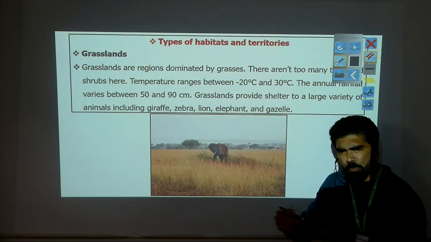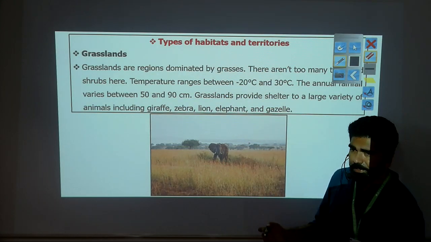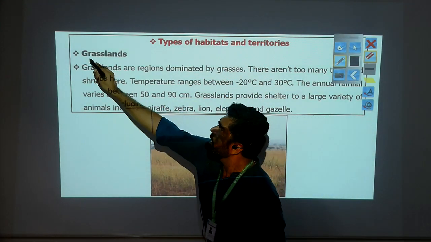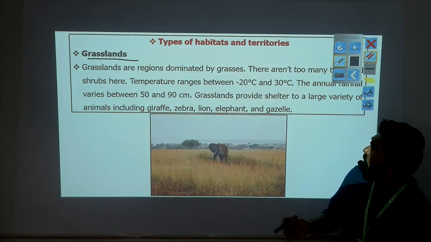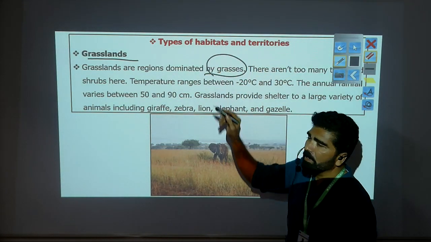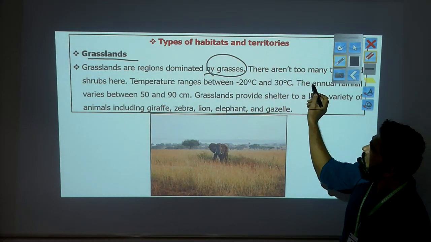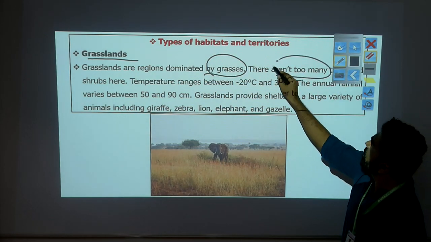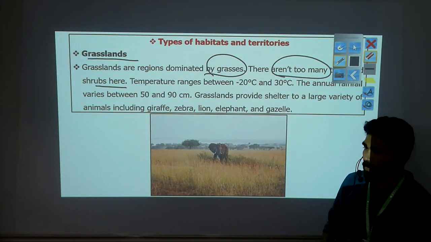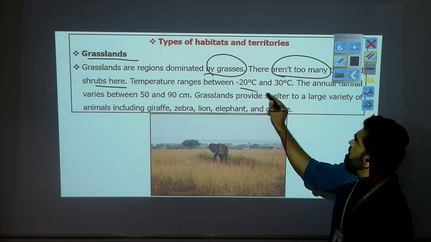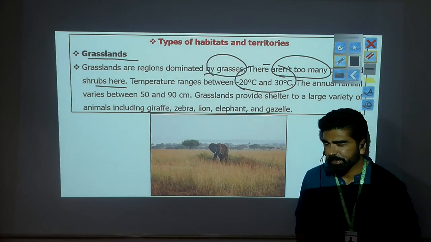When we proceed toward the next habitat and territory, the next habitat is grassland. Grassland is the area where grasses dominate, and they are also there in the form of shrubs. The temperature of the grassland is between minus 20 degrees Celsius and 30 degrees Celsius.